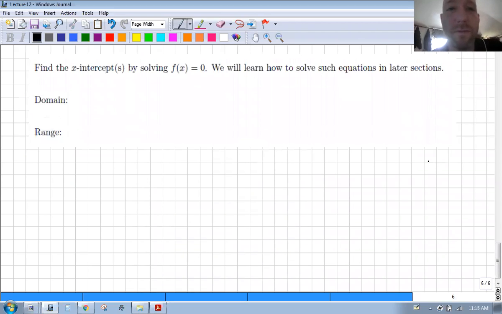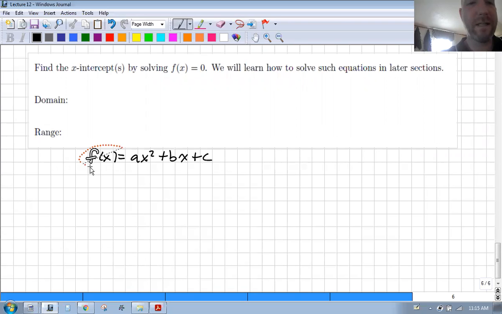Find the x-intercepts by solving f of x equals 0. We'll learn how to solve such equations in later sections. Okay, so if our f of x is ax squared plus bx plus c, if we make this guy 0, how do we solve for x?